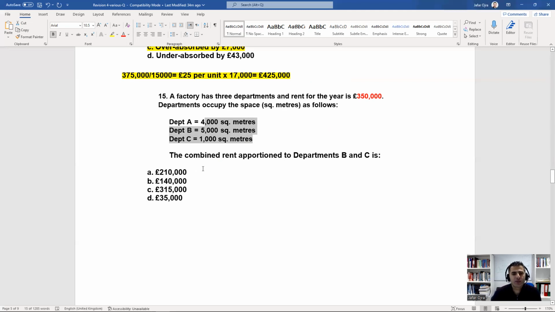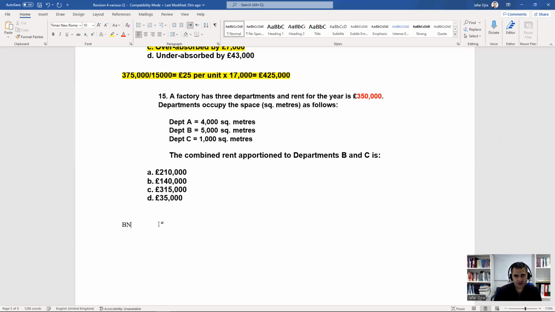What is the rent apportioned to departments B and C together? This is overhead allocation. You just need to combine B and C. You might have a different question asking for just one, B or C. But how to do it?